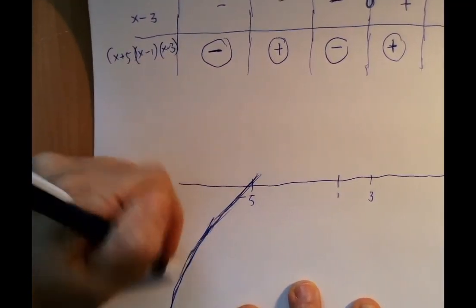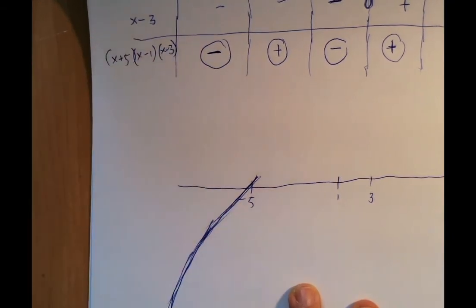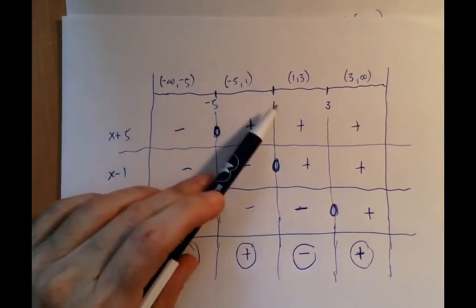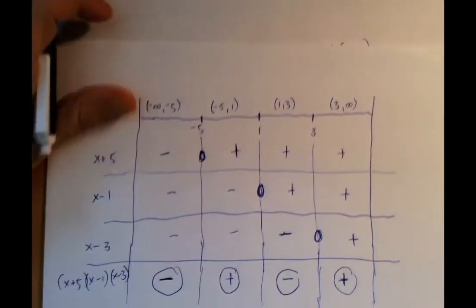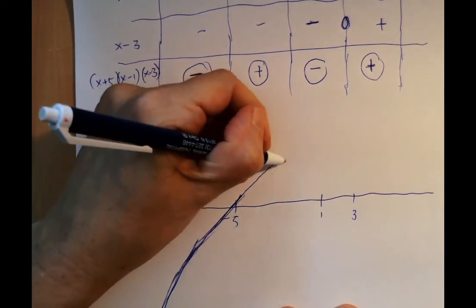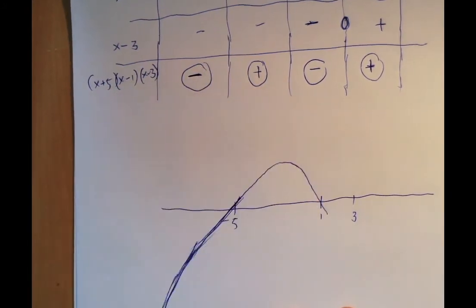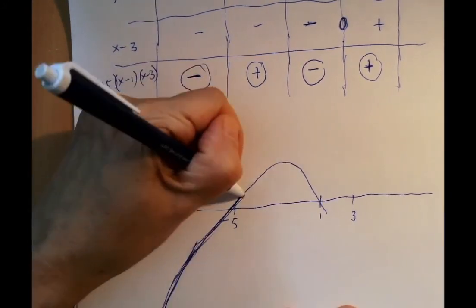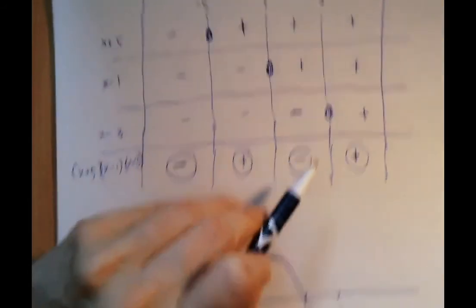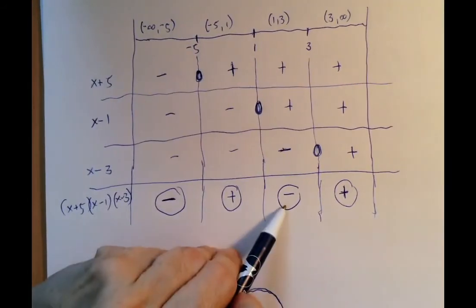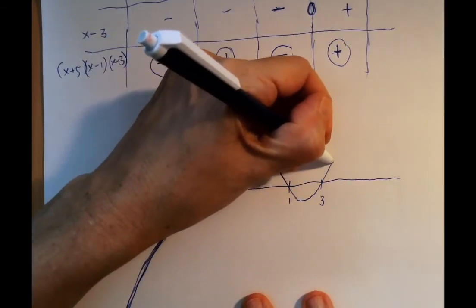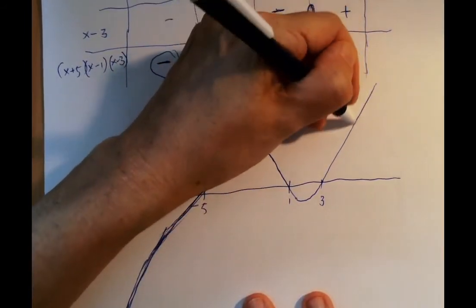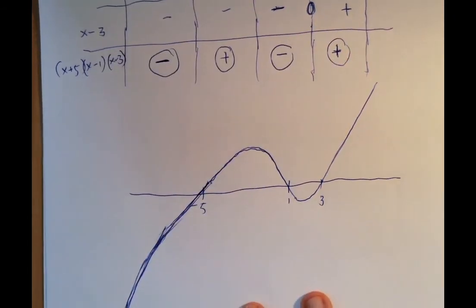We're trying to create no discontinuity and no spike. And then the next 0 is going to happen at 1, where we're going to change sign from positive to negative. So we're just going to navigate as best as we can to turn around and hit 1 as a 0. And then at 3, there is a change from negative to positive, and we know that at the end, the function is large. And so this is the graph.